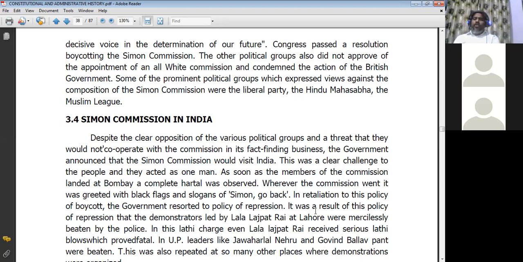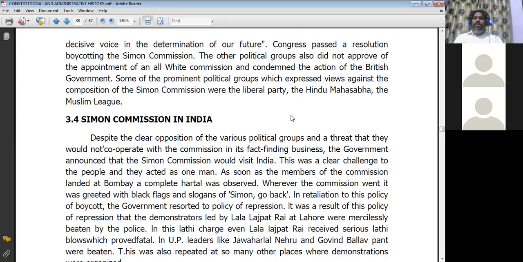Even though the Simon Commission visited India and returned to England and submitted its report, we'll see what recommendations were provided in it.